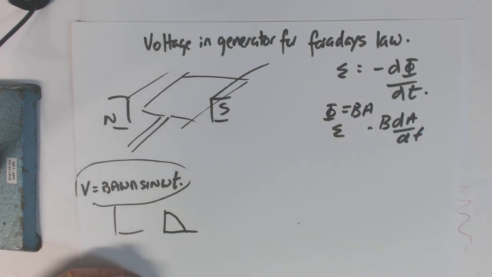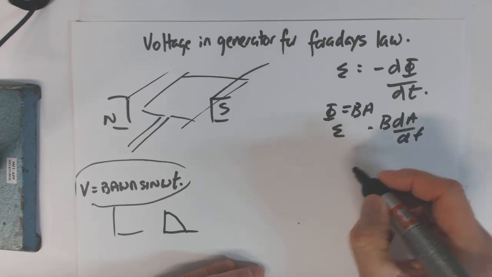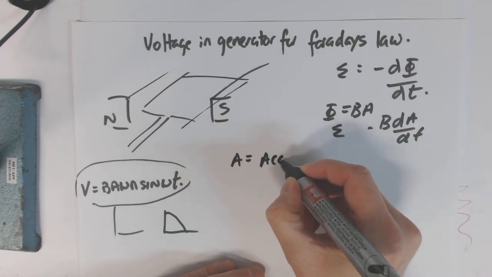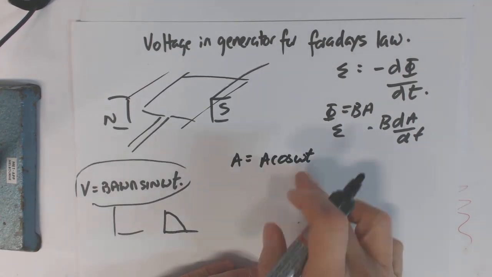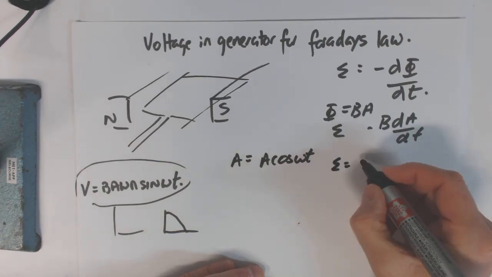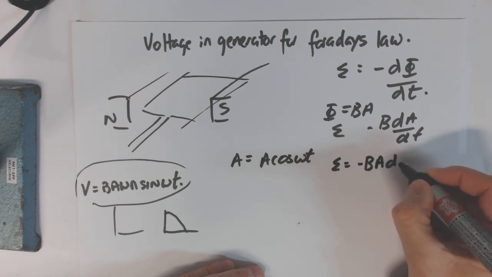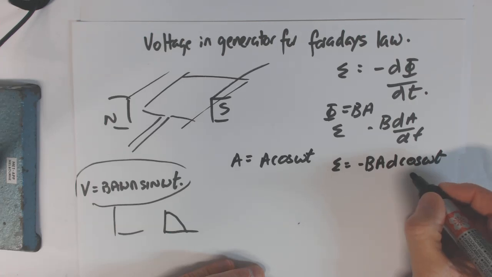So we can say the area is equal to A cos omega t, omega t just being the angle. So we can write this formula now as E equals minus B A d cos omega t dt.